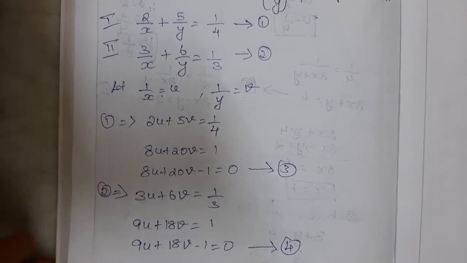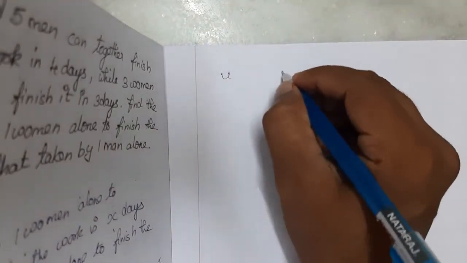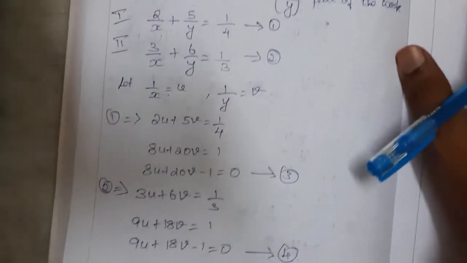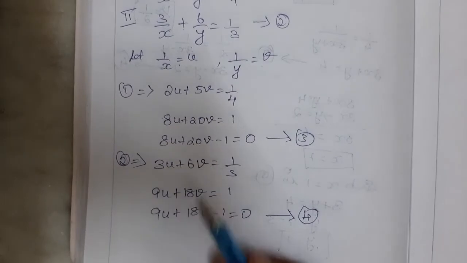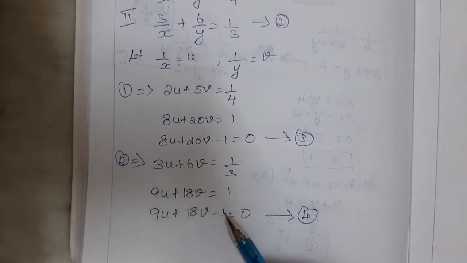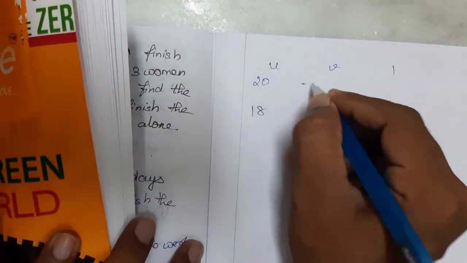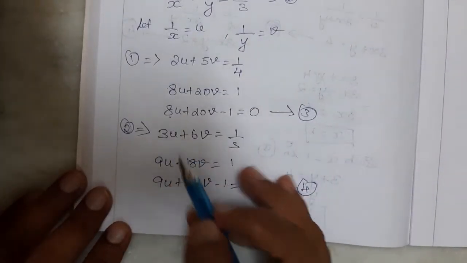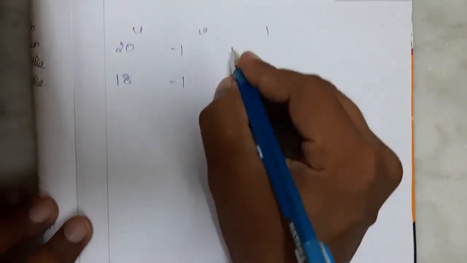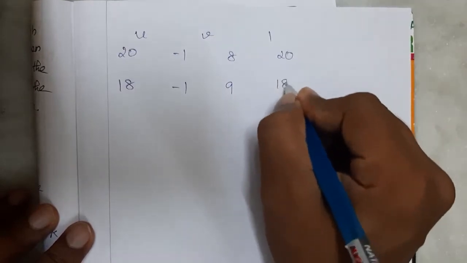So I will write here U, V and 1. First we will take the second variable coefficient. It is 20 and 18. Then minus 1 and minus 1. 20, 18, minus 1, minus 1. And the first variable coefficient is 8 and 9. 8, 9. Again we end with the same, right? 20 and 18.